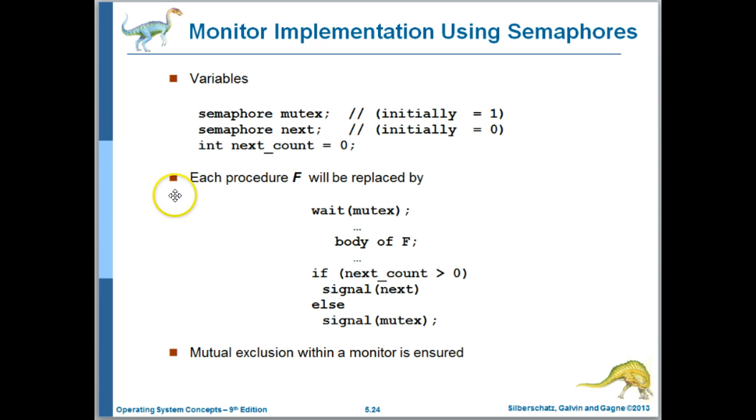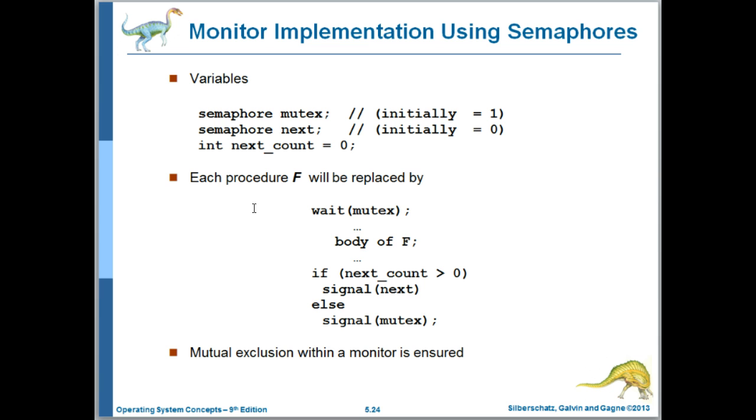So the code for a procedure, a function or a method is: acquire the mutex. At that point, we know that we're the only process executing within the monitor. Execute the function's code, and then check to see if a process is suspended on next.